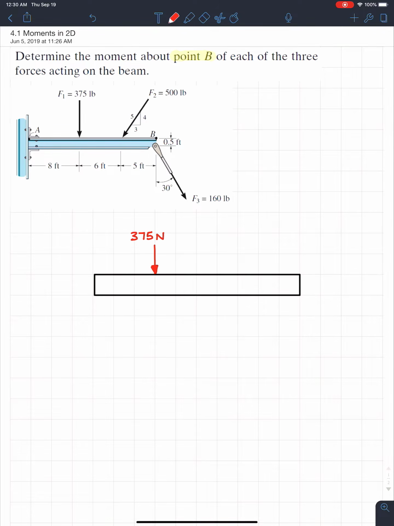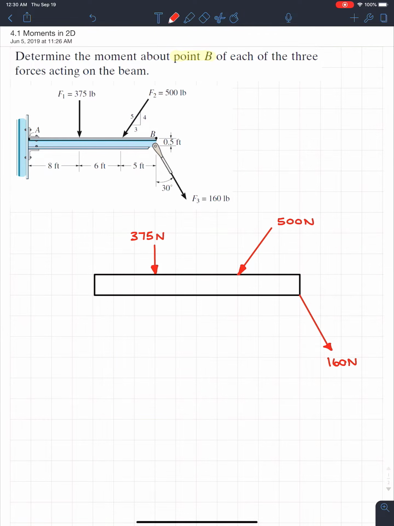Then over here, we have another force coming in at an angle, like so. I'm going to put 500 newtons. And then we also have a third force acting at the very bottom, coming up to the side and going downwards. And this one is 160 newtons.